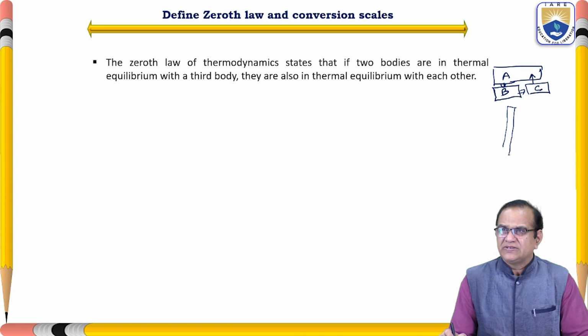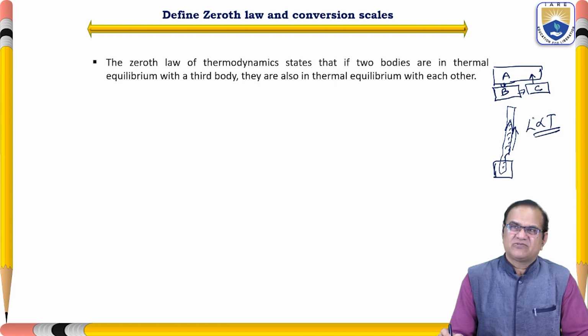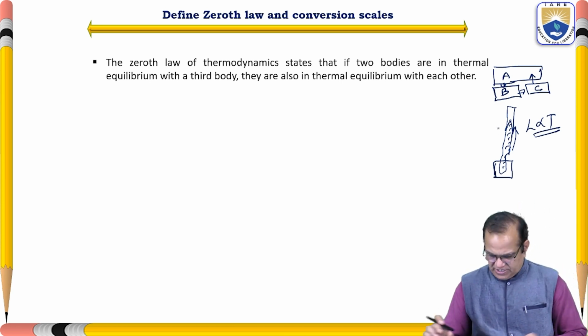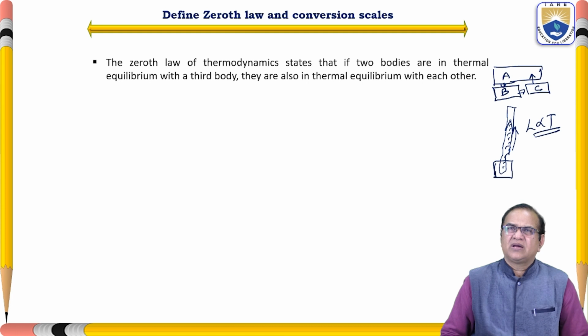If you see the thermometer, we are putting something here, that is mercury, and if you heat it, it gives a length, and this length will be directly proportional to the temperature, and we say that it is 100 degrees centigrade, or 35 degrees centigrade for the human body, and we also observe in Fahrenheit. So this is the definition of the Zeroth law of thermodynamics.